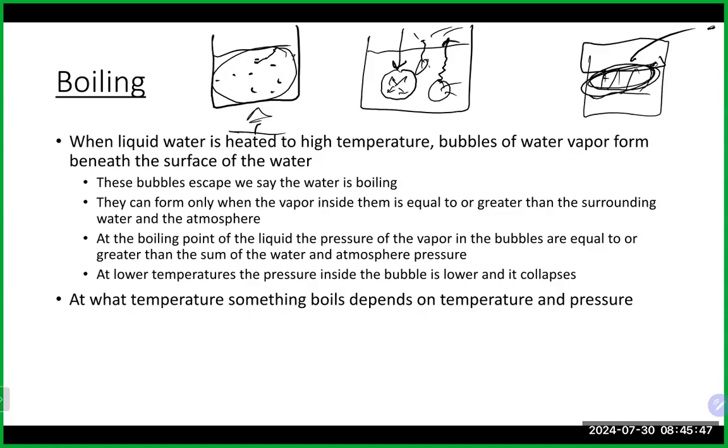As I mentioned before, it will continue to boil, and those bubbles will form when the pressure inside the bubble is equal to or greater than the atmospheric pressure, and that will allow it to get to that boiling point. The temperature at which something boils is dependent on both temperature and pressure.